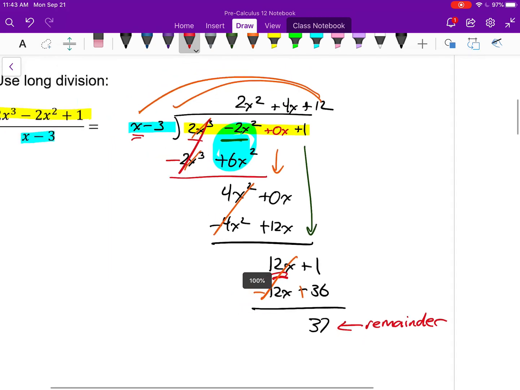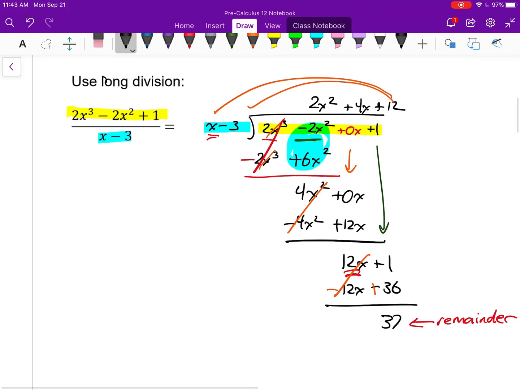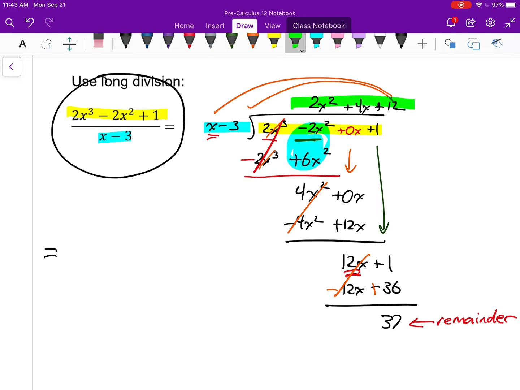So what does this all mean? Well, this means that if I go back to my original statement, 2x cubed minus 2x squared plus 1 divided by x minus 3 is the same as my quotient, 2x squared plus 4x plus 12. But there was a remainder. So I have this little remainder here of positive 37.